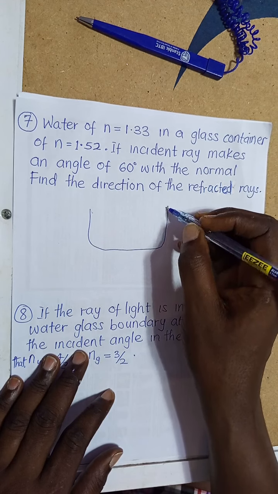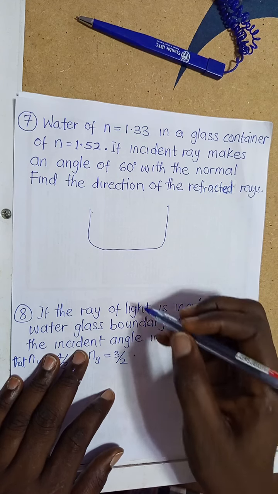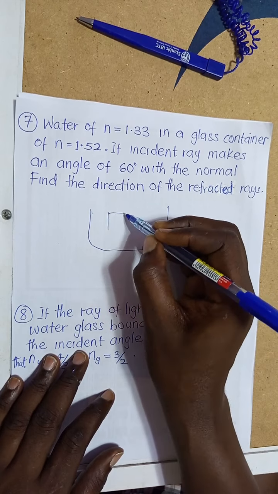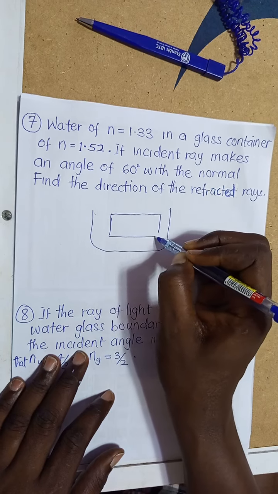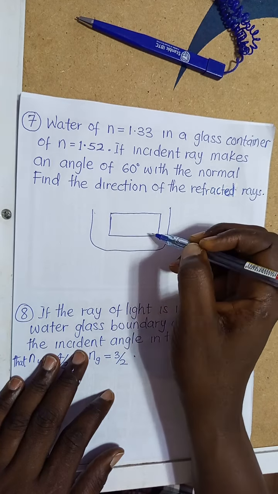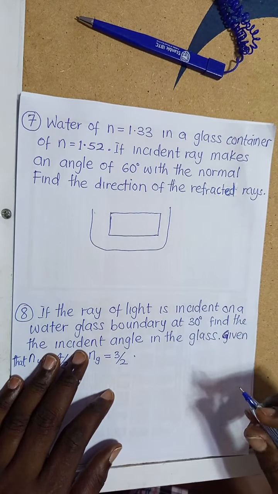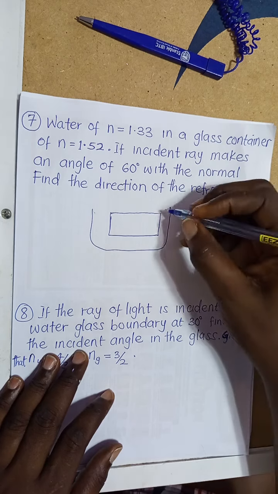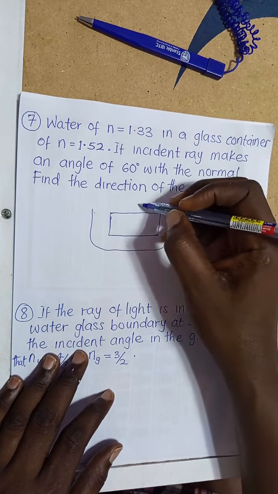So that means that if you have a container, that container has glass. Now we have water, so there's water in a glass container. So this is a glass container.